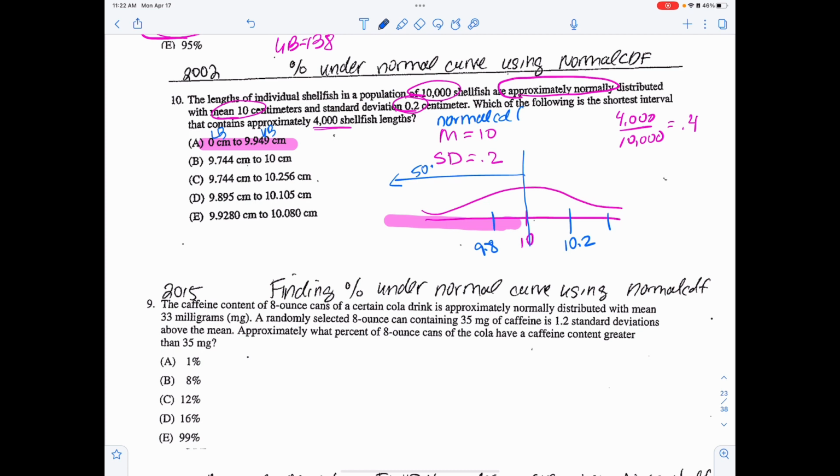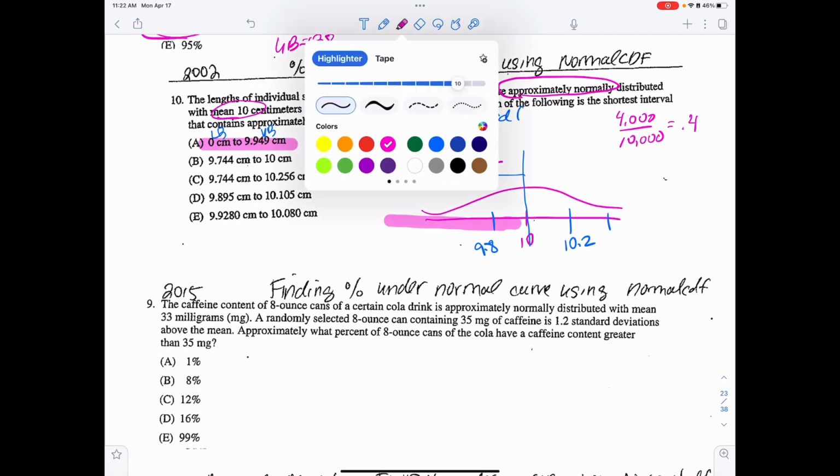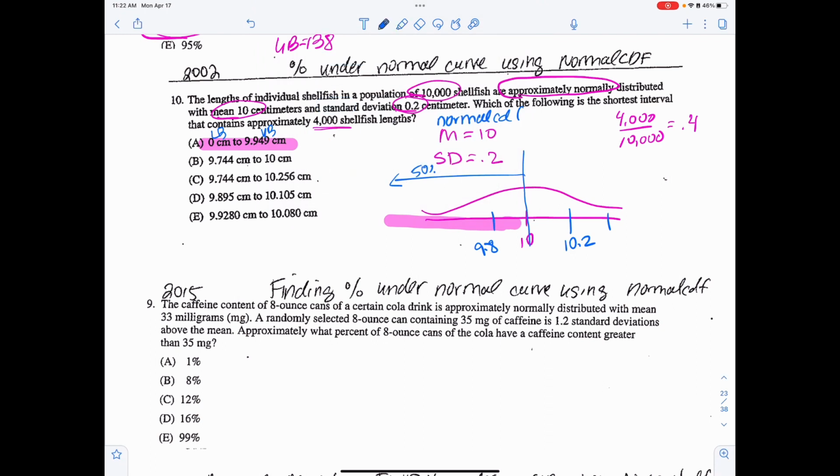So you know it's probably not that one. You could go to the next one, 9.7 to 10. Let's see where that's going to be. That's going to be 9.7. Remember, this goes to 9.6. So 9.7 is halfway here to 10, which clearly is going to be 68% in the middle.